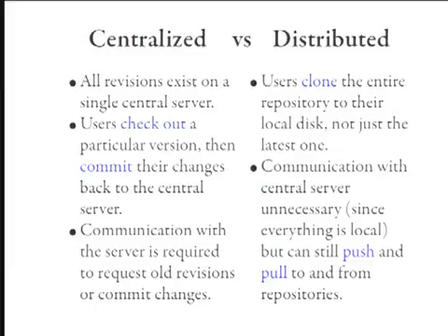With a distributed framework, you clone the entire repository. So you take everything and put it onto your local machine. So on your local machine, you have all the different history of everything that has been done to that repository, and you basically just have everything at your disposal locally. So you don't really need communication with a central server since everything is local.